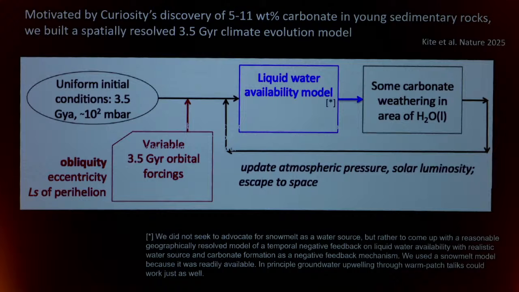The greenhouse effect is relatively weak, and so we only get seasonal melting, only at optimal orbital conditions, and only in low spots near the equator, so optimum geographic and temporal conditions for liquid water availability. And so that allows a small amount of carbonates to form. So then we update the atmospheric pressure, we update the solar luminosity, we allow for escape to space using the Ramstad 2018 carbon dioxide escape to space measurements, and then we run the liquid water availability model again.